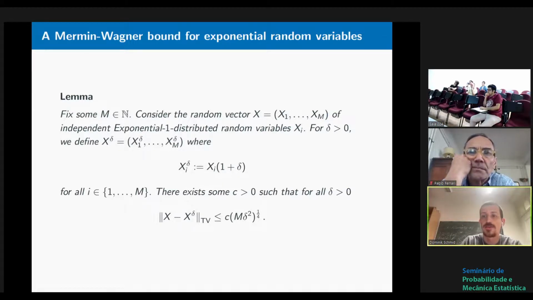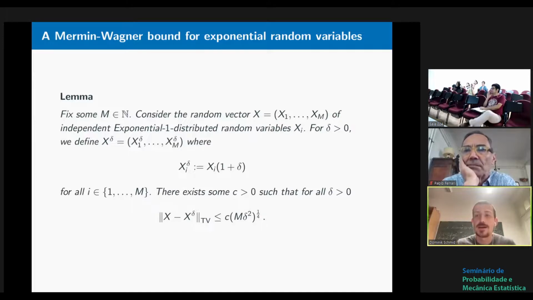This is due to the fact that if I just tell you the sum of IID exponential random variables, say the sum is t, then I can pick m points uniformly at random in the interval from 0 up to t and recover the individual exponential random variables in this way. So this total variation distance is just the same as the total variation distance of the sum.